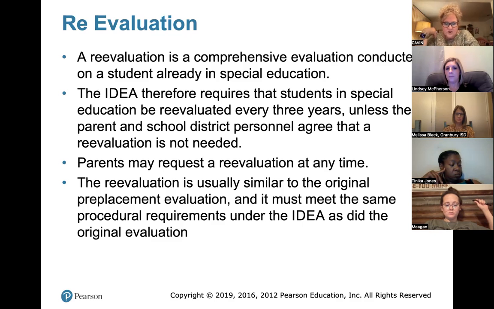And the committee can determine whether or not they want to get any additional data. And if they do, then they can have a formal reevaluation, or if they don't want to, they can take the information they already have. And what most ARD committees say is we're going to roll this forward, and they're going to take the data they already have, and they're going to continue that child's eligibility based upon pre-existing information.